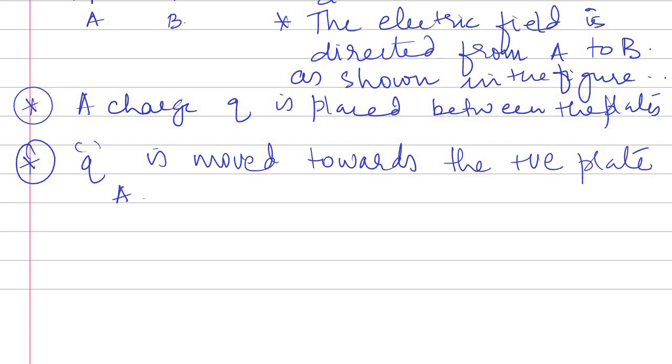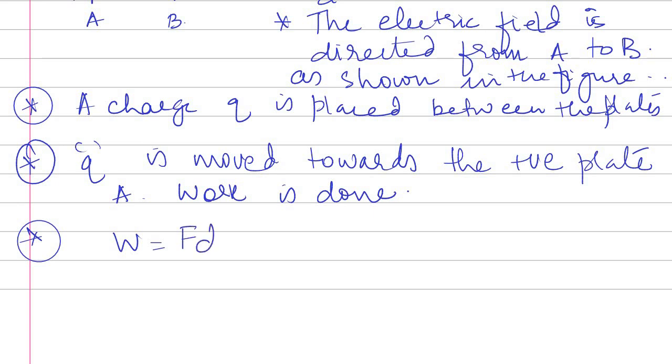Work would be done. This work has to be done because we want to find out the potential. Unless we find the work done, we don't find the potential. Then the work done in this case, W, is going to be force, electrostatic force, into the distance through which the work is done.